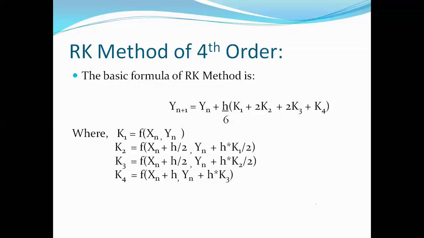In order to find each y, we have to find four k's. k1 is f(xn, yn), k2 is f(xn plus h by 2, yn plus h k1 by 2), k3 is f(xn plus h by 2, yn plus h k2 by 2), and k4 is f(xn plus h, yn plus h k3).